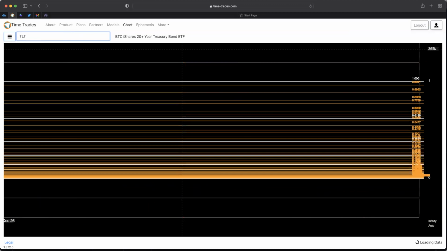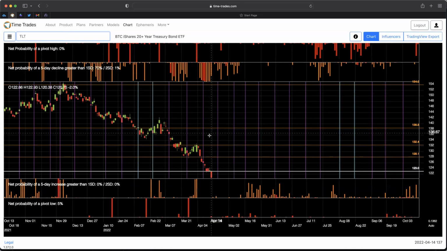Okay, let's take a look at the 30-year. Now, the 30-year, I expected a little bit more of a bounce off of the key white magic level at 123. We did not get it. We got a strong move down through it. So again, the trend is down, and we are anticipating further moves down in the coming 3 weeks or so.